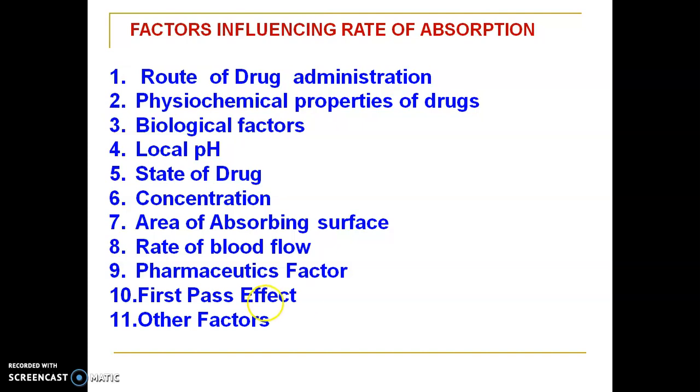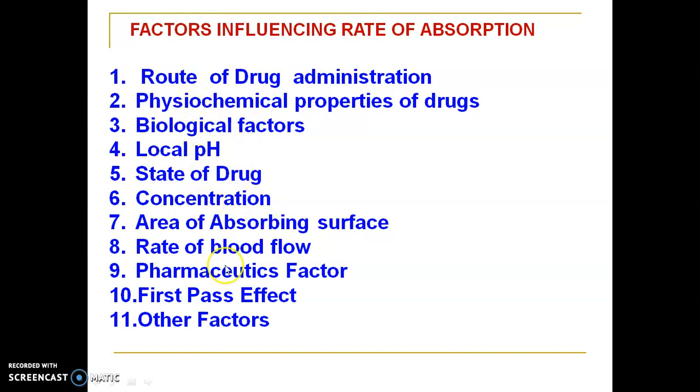In simple words, first pass effect decreases the absorption of drug. Other factors: here you may consider the presence of disease condition. If there are diseases related to gastrointestinal tract, definitely it will affect the oral route of drug administration and the drugs which are absorbed from oral route. So these are various factors which affect the absorption of drug from its site of administration.